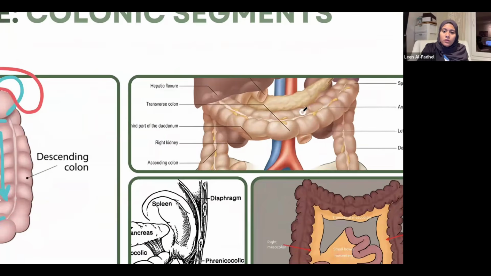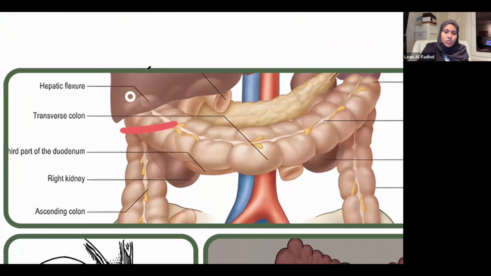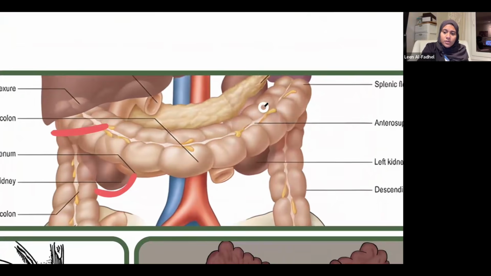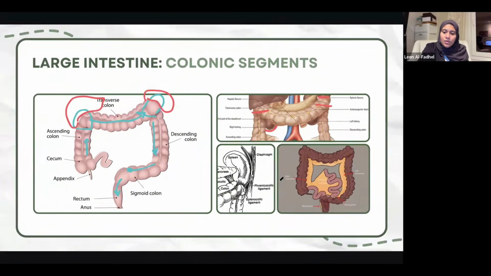On this diagram, the right hepatic flexure sits inferiorly to the liver and anteriorly to the right kidney. The left splenic flexure sits inferiorly to the spleen.